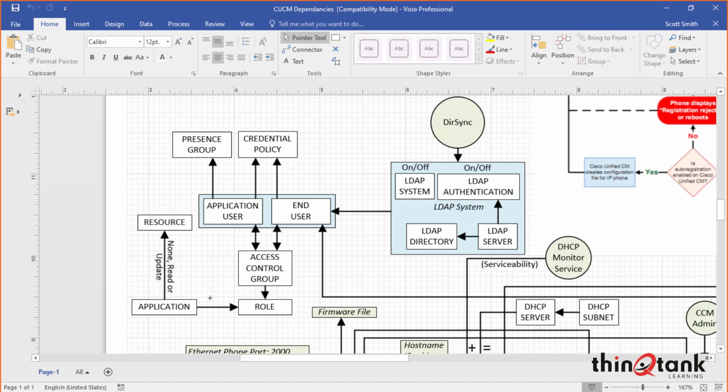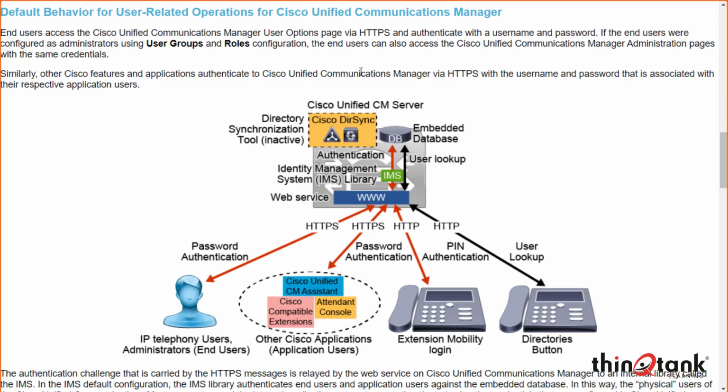You can give no access to that resource, read-only access to that resource, or full update access to that resource. So through the use of roles and groups, we're able to identify what functionality application users and end users have within the system. All right, so that's a pretty important concept as well.